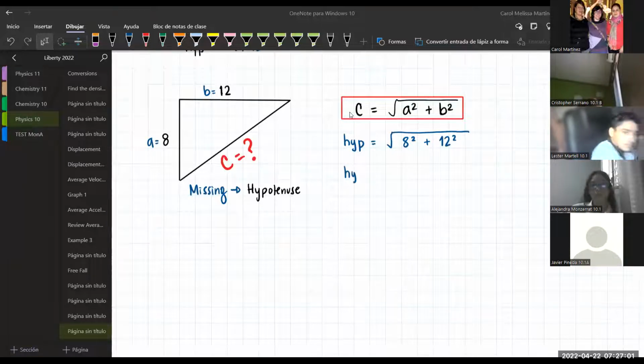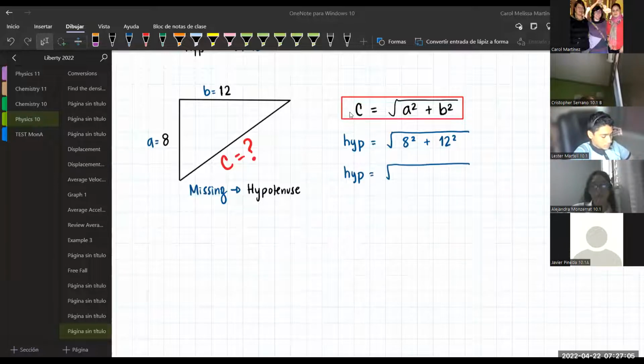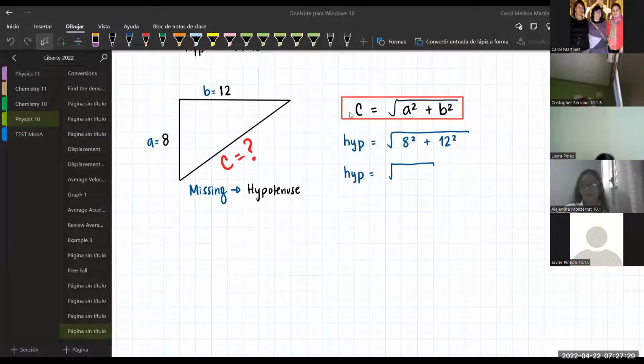The hypotenuse then is equal to the square root of, and we're going to add these two numbers in the calculator. So it's going to be 8 squared plus 12 squared. How much is that? 208. Okay?